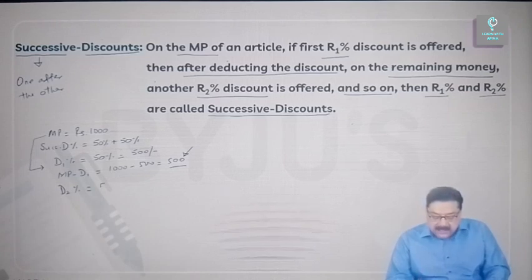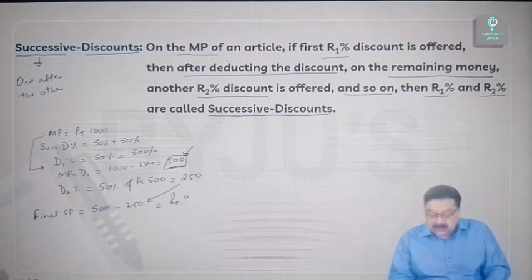Now the second discount is 50% off rupees 500, which is 250. So final selling price in such a case becomes rupees 500 minus 250, the second discount. So it becomes rupees 250.